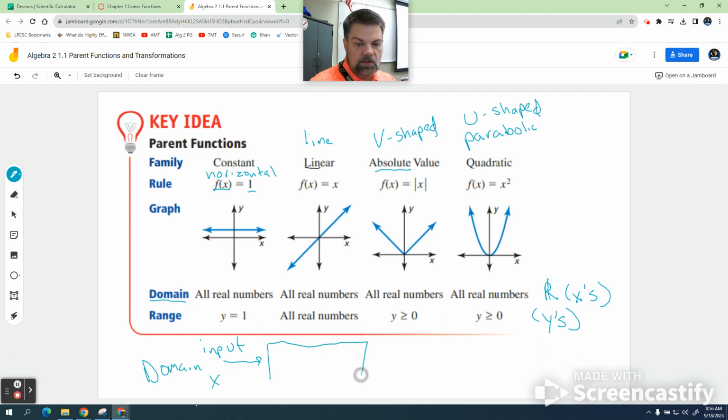That goes into some sort of mathematical formula that we can call a function. And then it spits out what we call an output. And that's usually a y value, okay? And that is associated with the range. So that's the connection on all those. Now, functions are very specific types of mathematical rules or expressions. Basically, there's one unique output for each input. Okay.